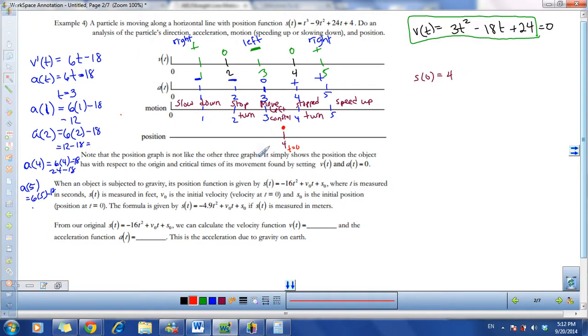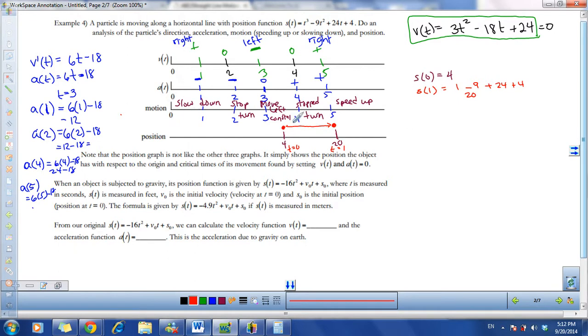Then at s of 1, I already did the calculations, mind you. 1 cubed is 1, minus 9 times 1 is negative 9, plus 24 times 1 is 24, plus 4. That equals 20. So I'm going to put 20 all the way over here, and this is time t equals 1. So from 4 it went to 20. Does that correspond?